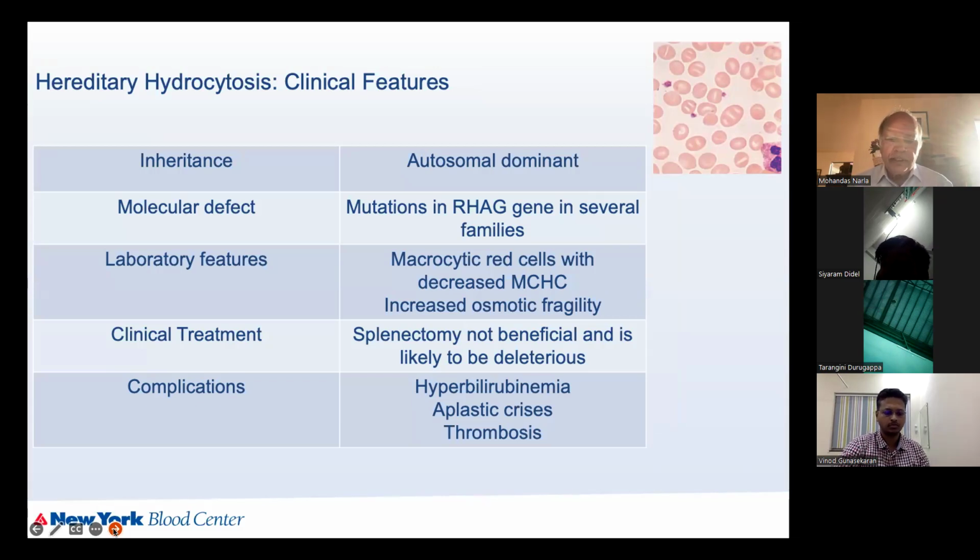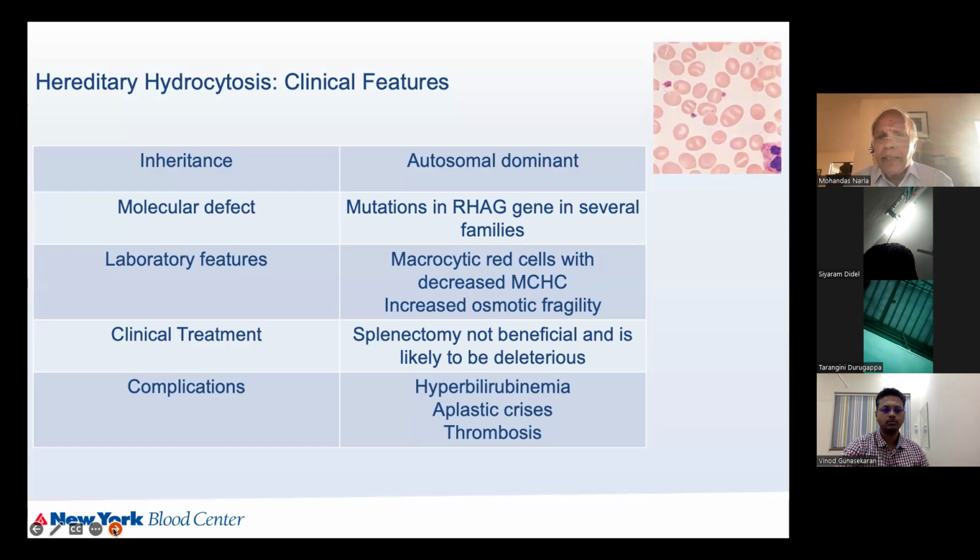Laboratory features are macrocytic red cells. In contrast to xerocytosis, which has increased MCHC, they have decreased MCHC because they have picked up water. And again in contrast to xerocytosis, there's increased osmotic fragility. Clinically, splenectomy is not beneficial and is likely to be deleterious, and complications are hyperlipidemia, aplastic crisis, and thrombosis.